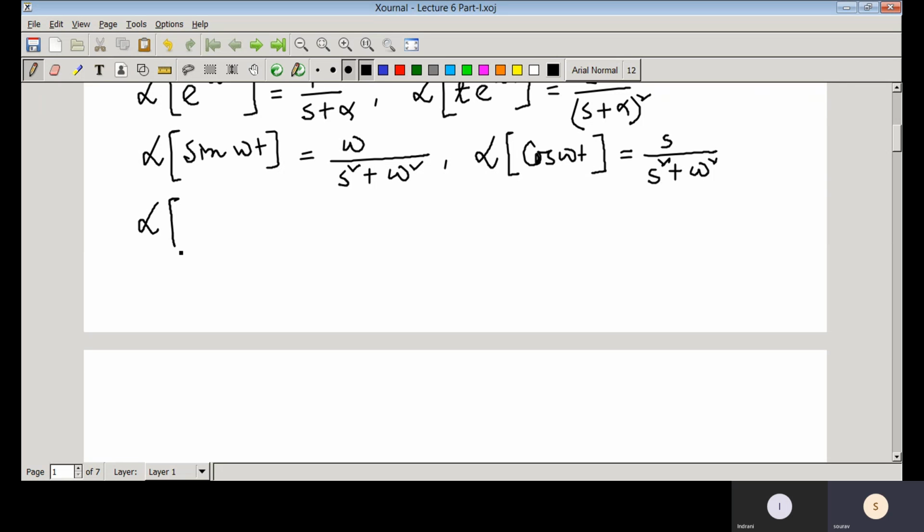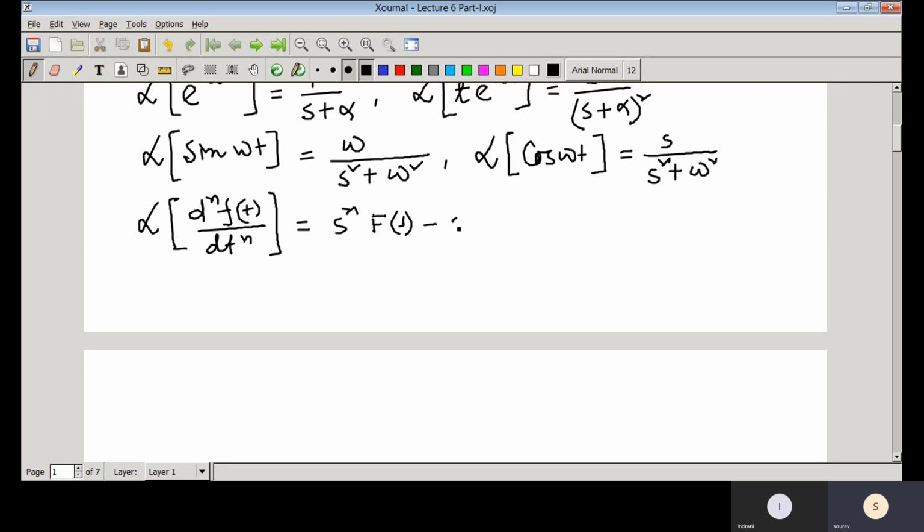What would be the Laplace transform of the derivative operator? Suppose the nth order derivative of the function f(t), d^n f(t) by dt^n, is s to the power n F(s), where F(s) is the Laplace transform of the function f(t).